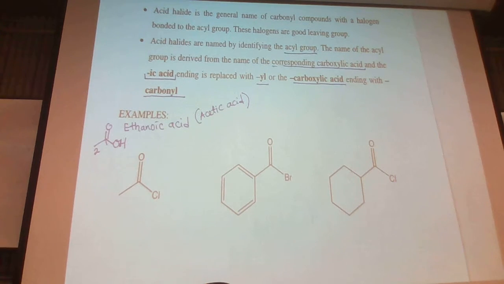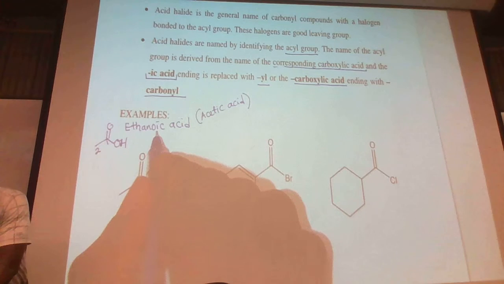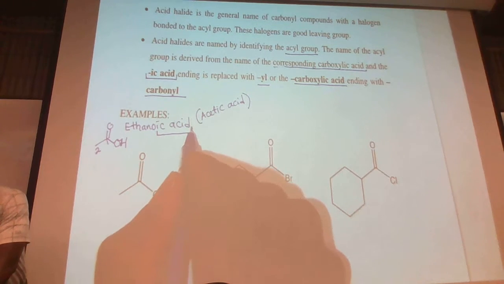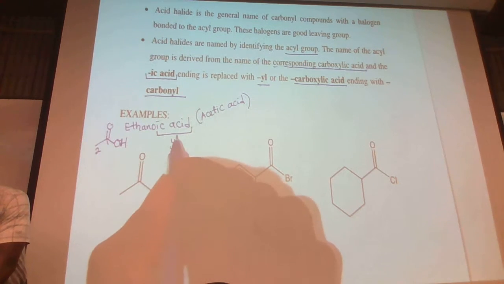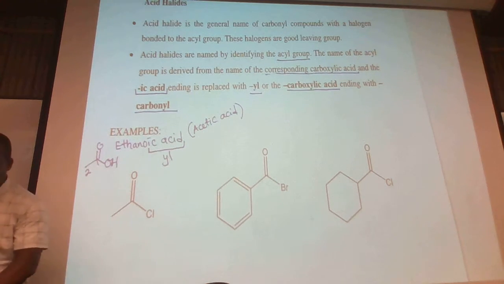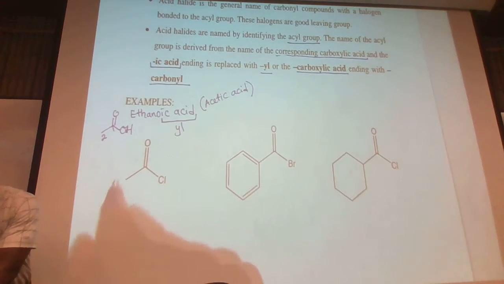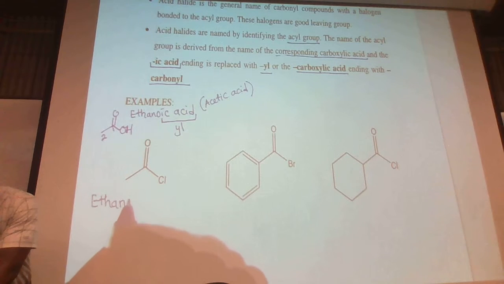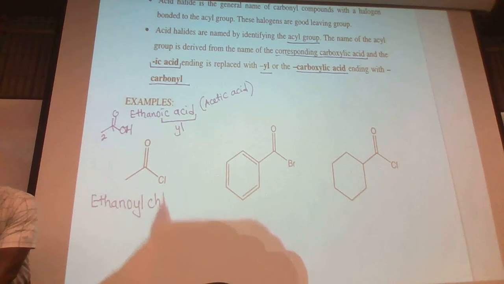So, if you are using the systematic name for this compound, which is ethanoic acid, the rule says you're going to change this ic acid altogether to -yl. Okay? So that means the systematic name for this compound will be ethanoyl chloride.